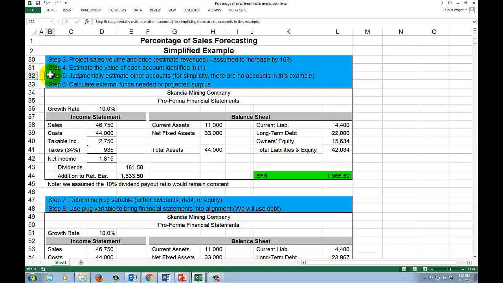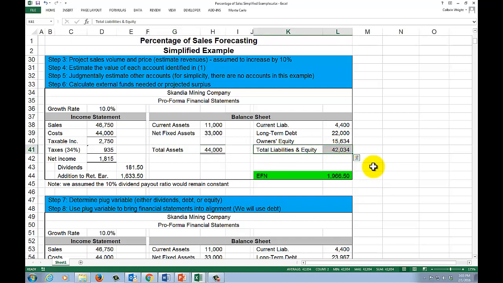Now, when we go to a real world example, that's going to get more complicated, but I want to keep it simple here. Step number 6 is to calculate the external funds needed. What we said is when you go through steps 1 through 5, your balance sheet won't balance. You can see that our total assets are $44,000. Our total liabilities and equity are $42,34. So what does that mean?